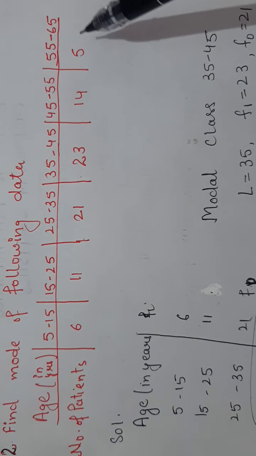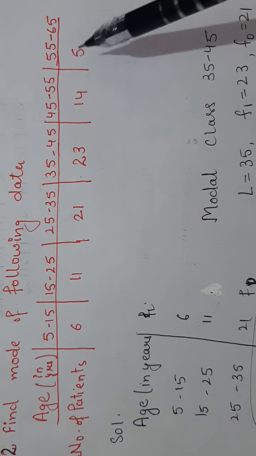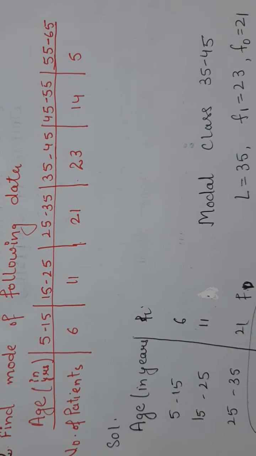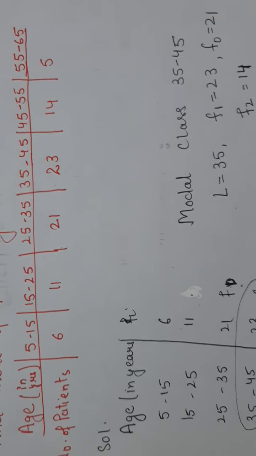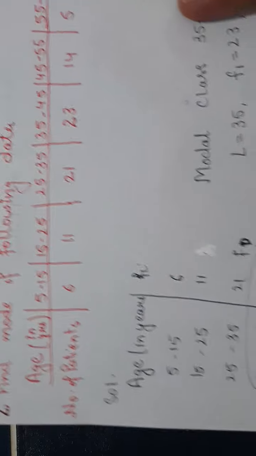Like this we have data up to 65, age group 55 to 65, with 5 patients, of coronavirus only. This is known as a frequency distribution.